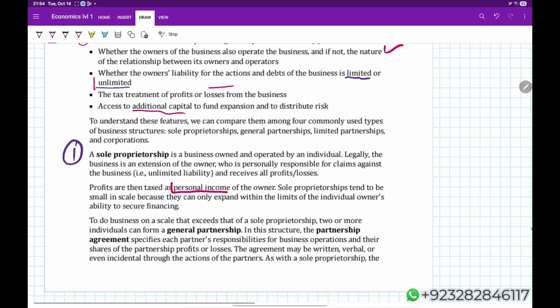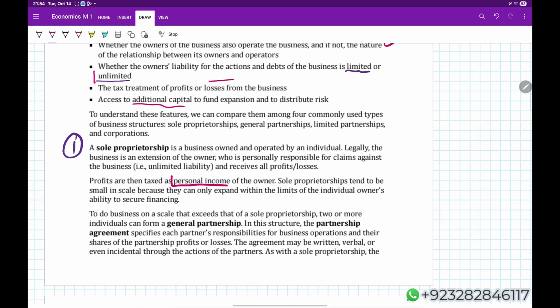Second, who operates the business, because the owners and the business are not separate legally. It's the same thing, right? So it is being operated by partners.